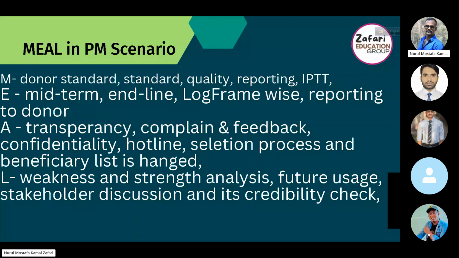We need to capture learning and preserve learning for the future. There is a session on MEAL in future, and we shall discuss MEAL in a project management scenario in detail.